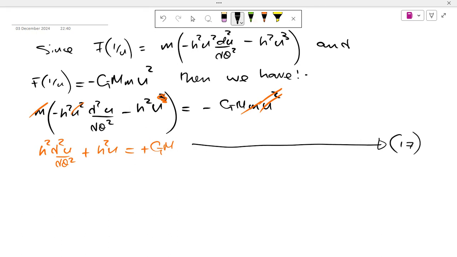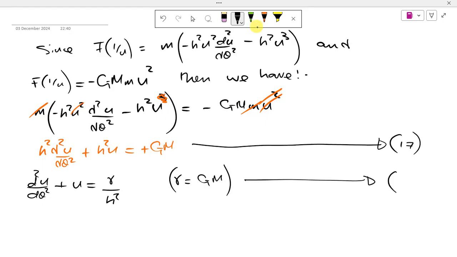Equation 17 can be simplified to give d squared u by d theta squared plus u equals gamma over h squared. What is gamma? Well, gamma equals GM. And we'll call that equation 18.